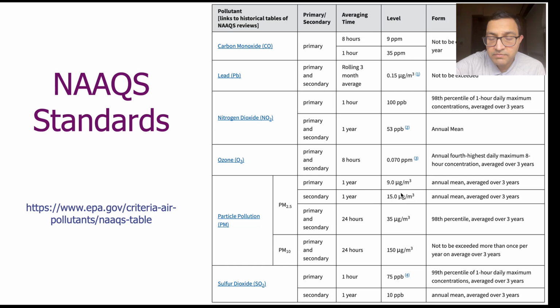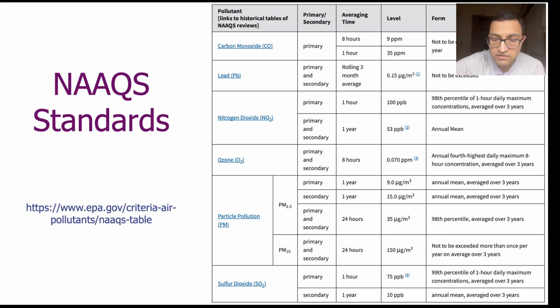You can see particulate matter is further broken into PM 2.5, PM 10, and they have different standards. PM 2.5 has a primary standard of 9 microgram per meter cubed, a secondary standard of 15 microgram per meter cubed, and a 24-hour average of 35 microgram per meter cubed.